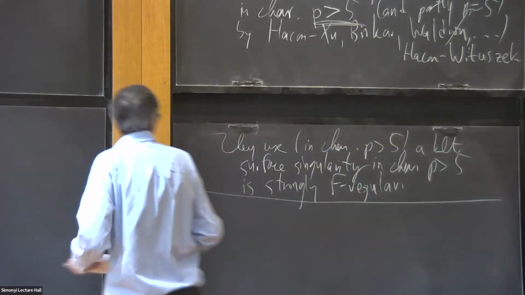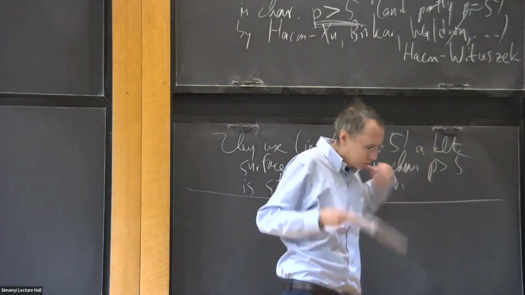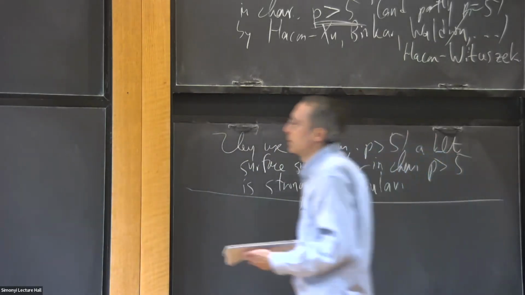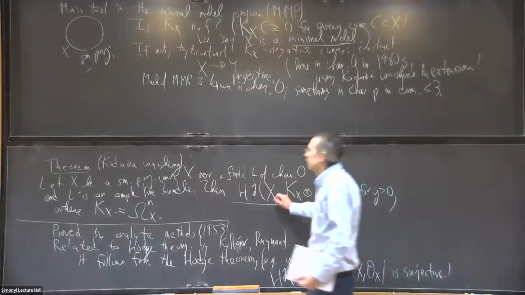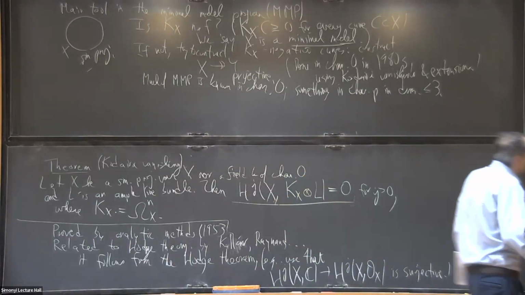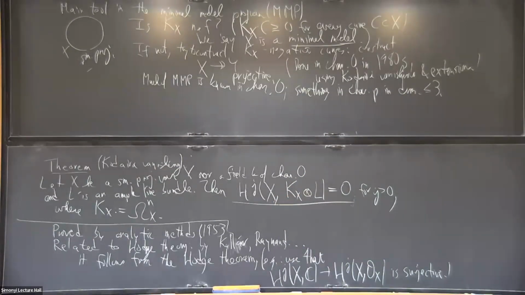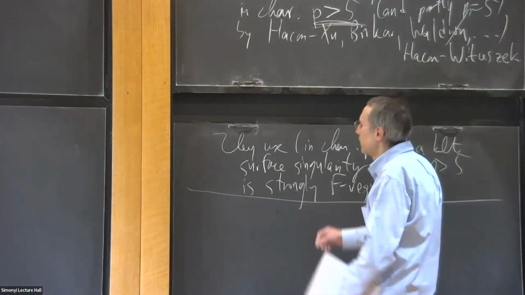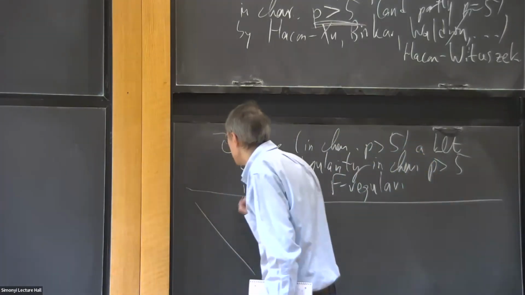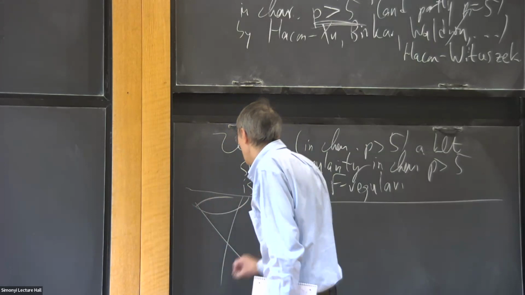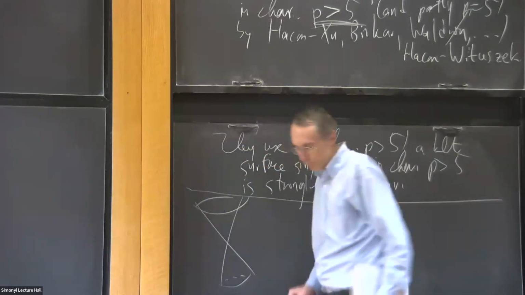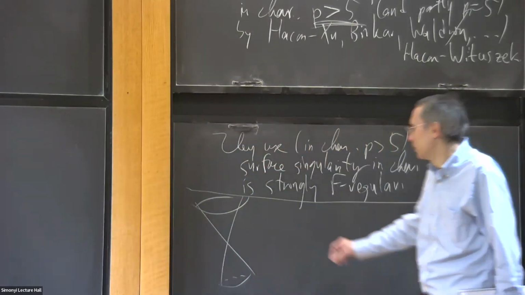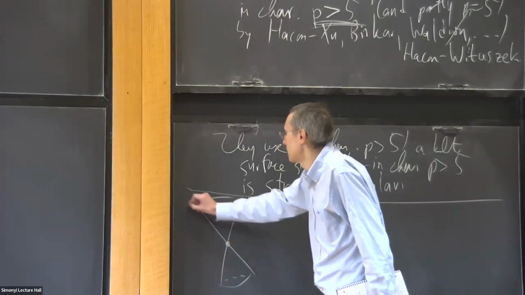There are local and global versions of vanishing theorems. I started out with the global theorem, but there are also local versions of that. A typical example of a singularity is a cone over some smooth projective variety. Naively speaking, you might say this is the simplest type of singularity.